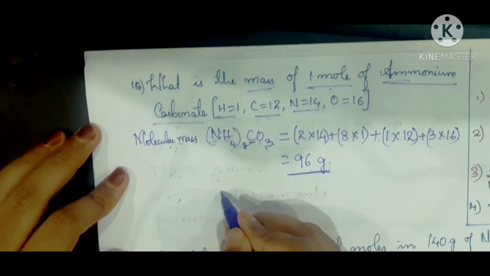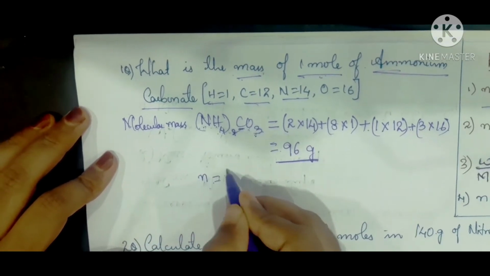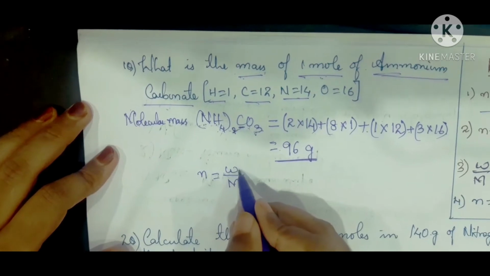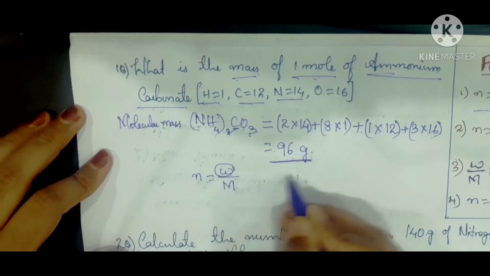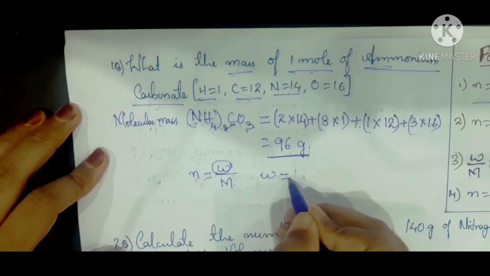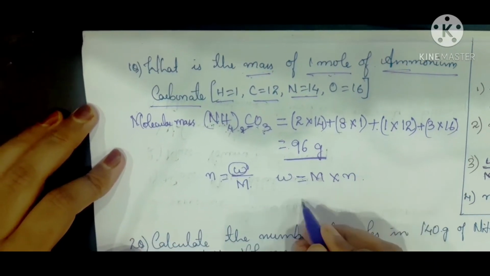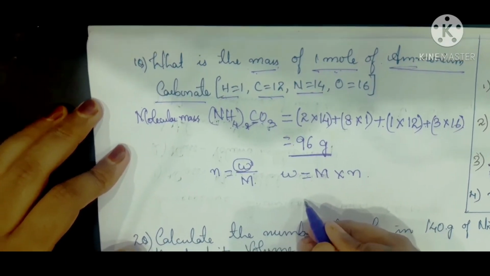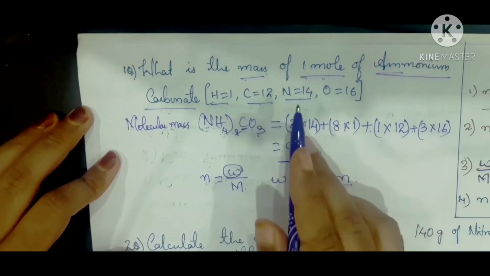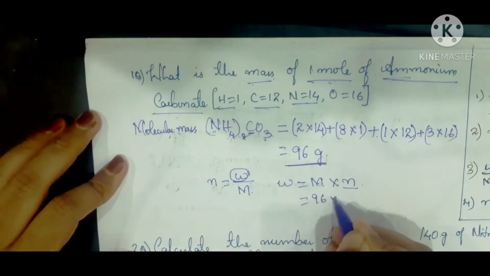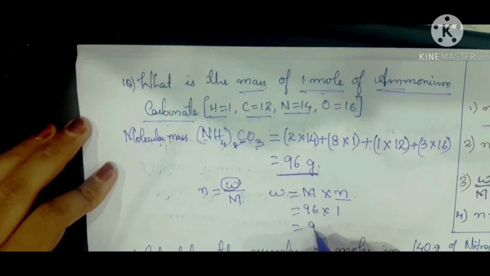Now, as the formula is n = W/M, I can rearrange this because I need to find the weight. If I rearrange, it becomes M into n. n is given as 1 mole and molecular mass is 96. 96 into 1 is 96 grams.